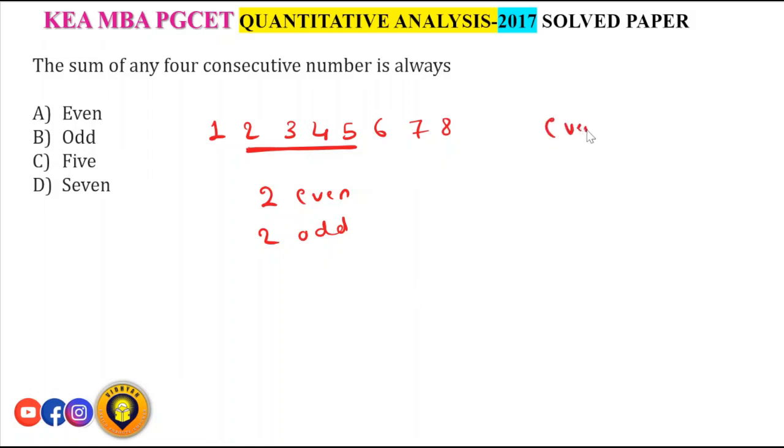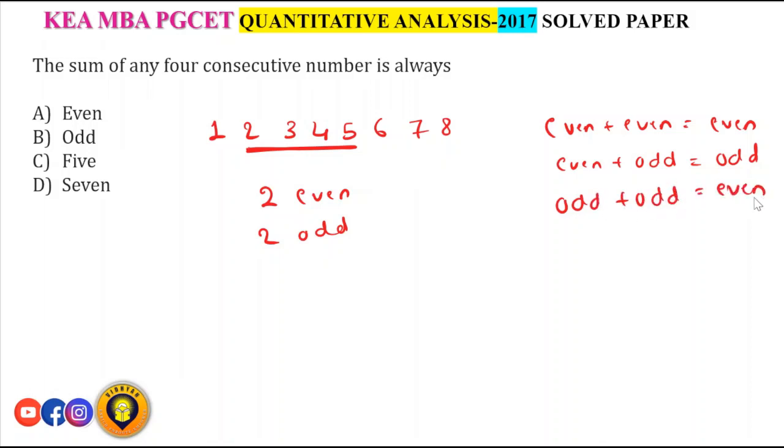Even plus even plus even is always an even number, right? Even plus odd is always odd, and odd plus odd is always even. There are two even numbers and there are two odd numbers.